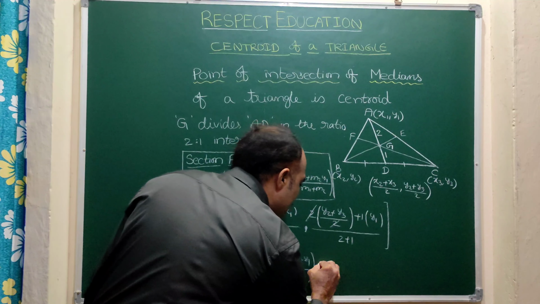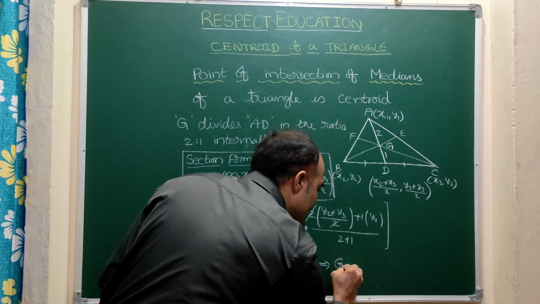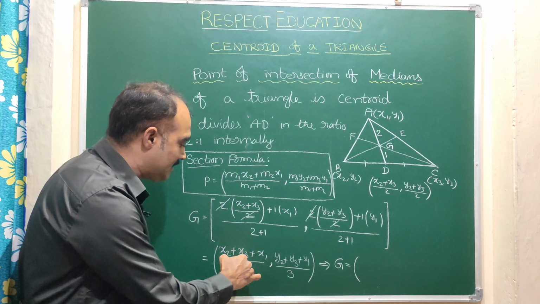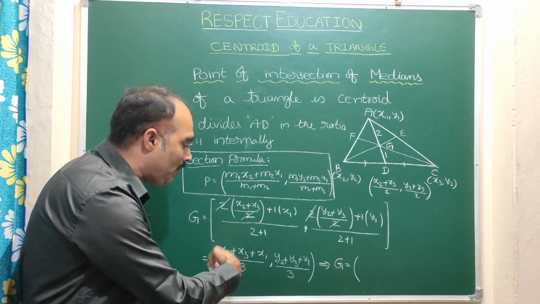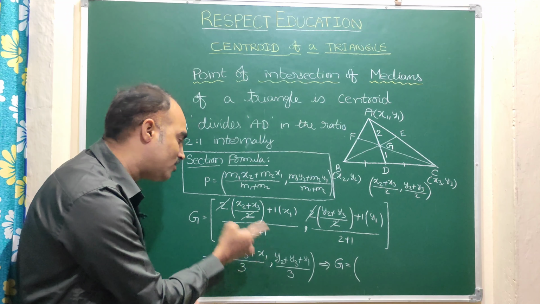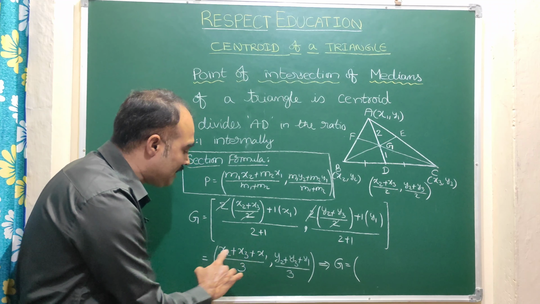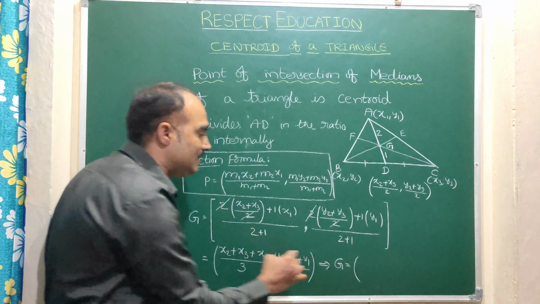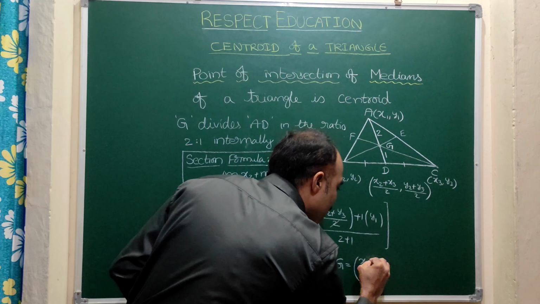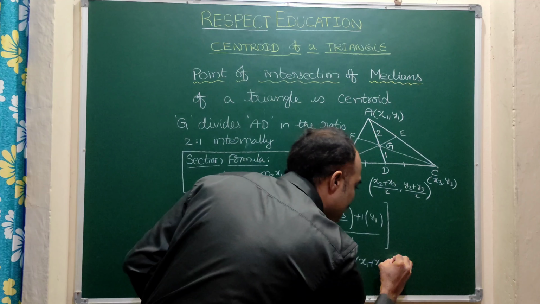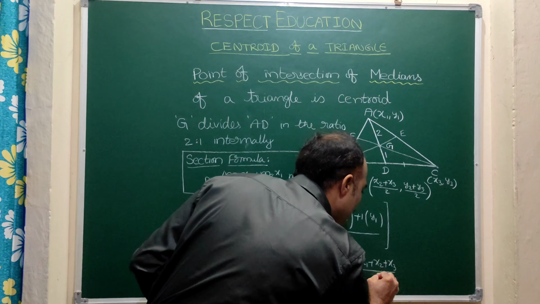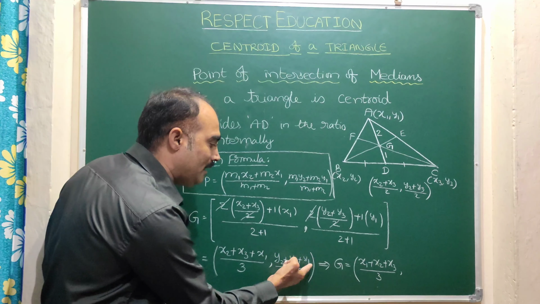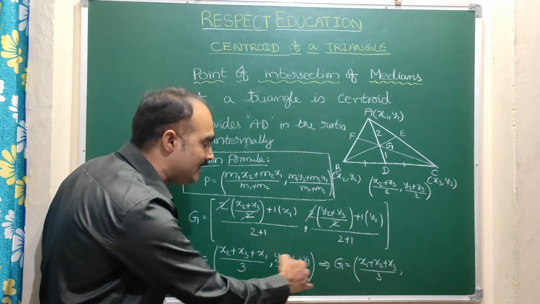Now here let us conclude this value G as, see, x2 plus x3 plus x1 can be altered or can also be written as (x1 + x2 + x3)/3 because it is easy to remember, right? So I am writing this one as (x1 + x2 + x3)/3, comma, same way here y2 plus y3 plus y1, I am writing it as y1 plus y2 plus y3, anyway addition, right?